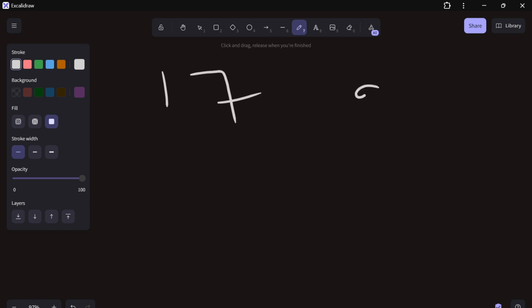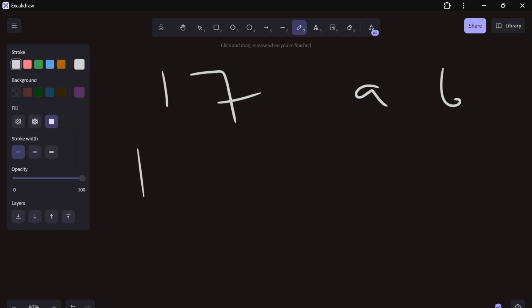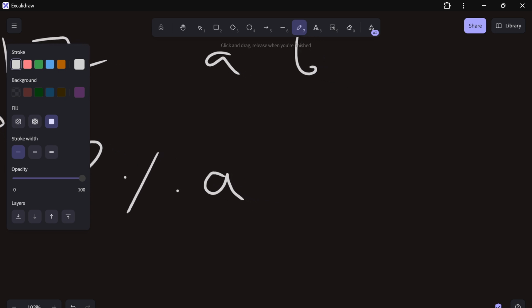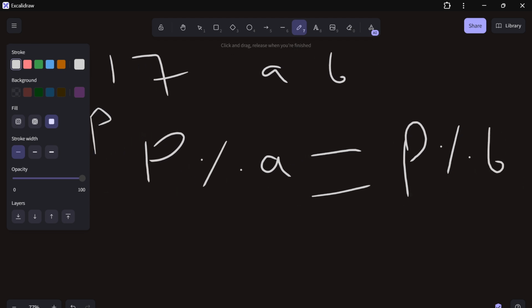You find A and B. This number we can call P. You should write P modulo A equal to P modulo B. That's what you need to write.